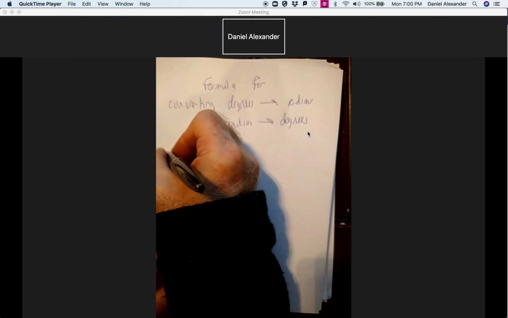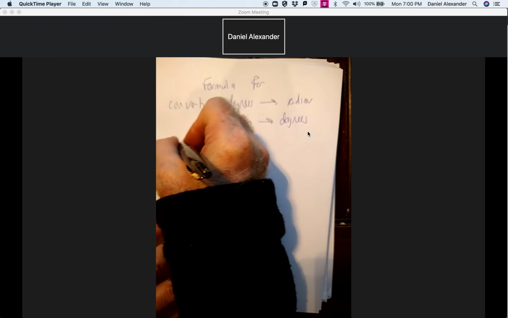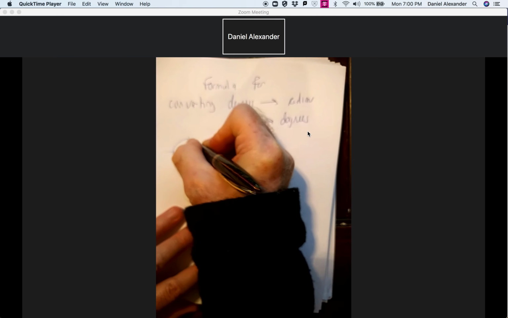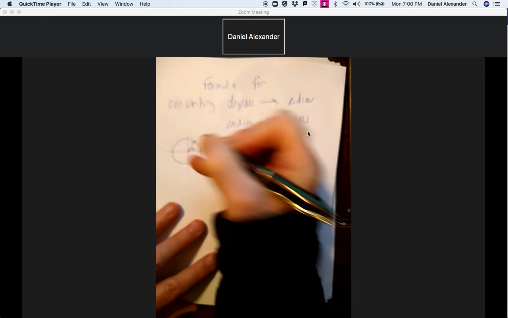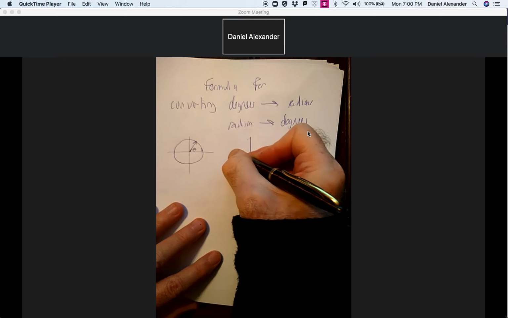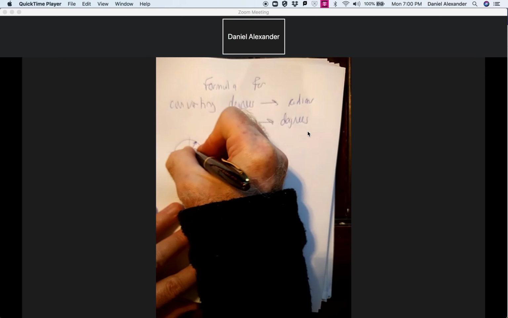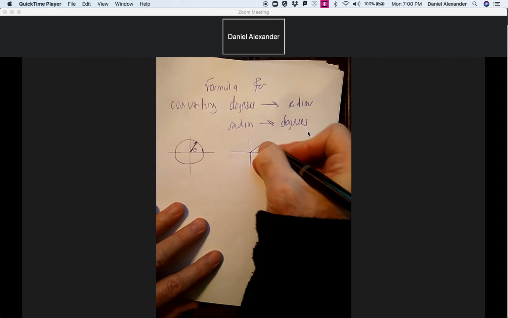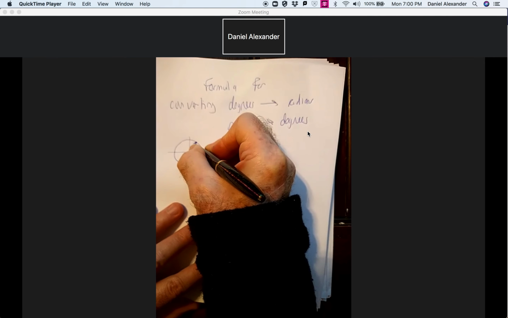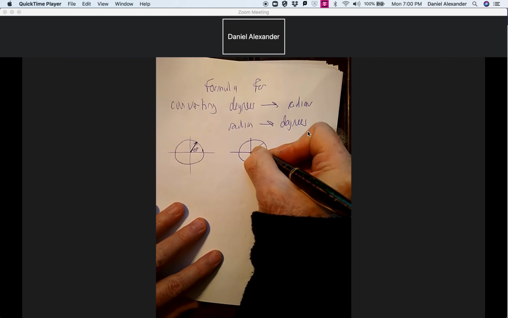Here's the picture. There's my angle, theta, and then here's the same picture, same angle. This is going to be theta degrees, and this is going to be theta radians.